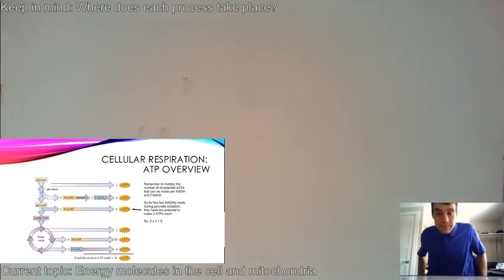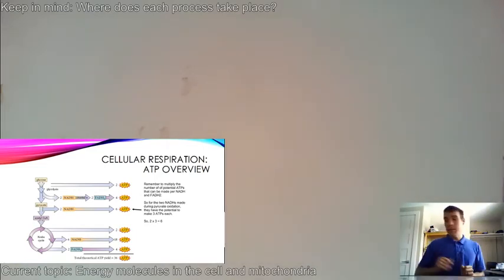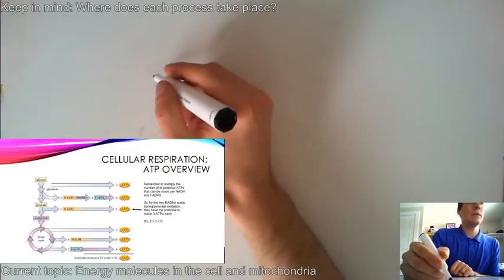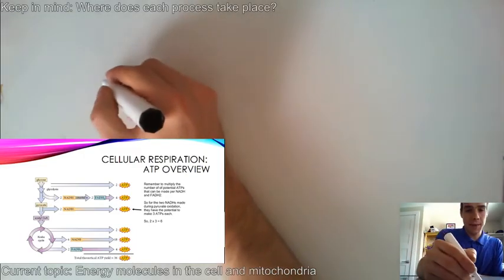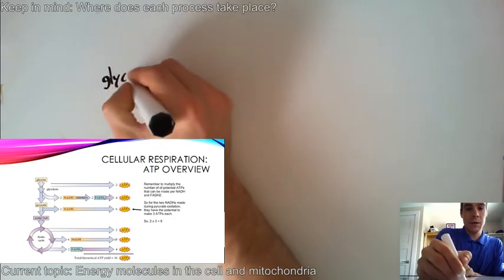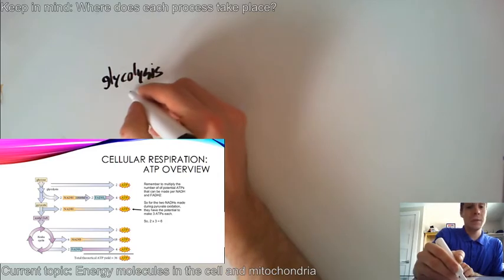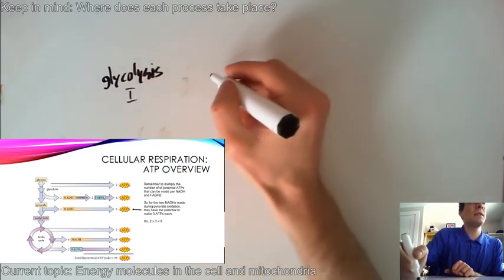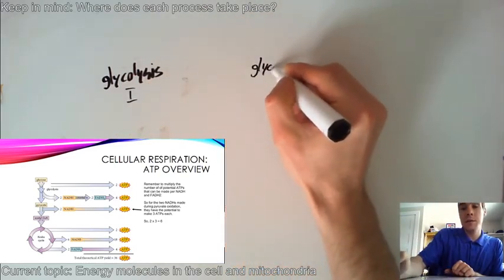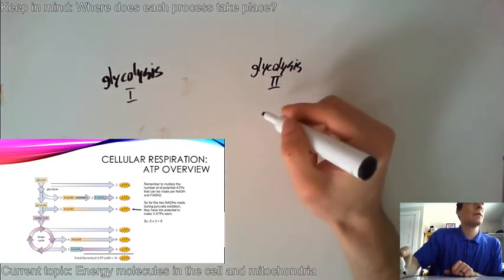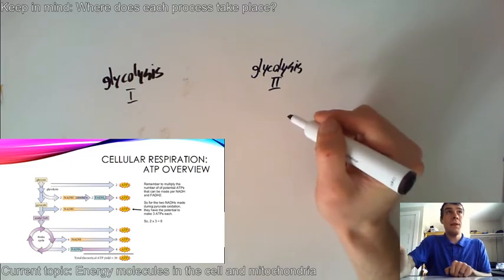Okay, so let's draw the processes in black. We'll first call it glycolysis 1 for the investment phase. Then glycolysis 2 for the payoff phase.